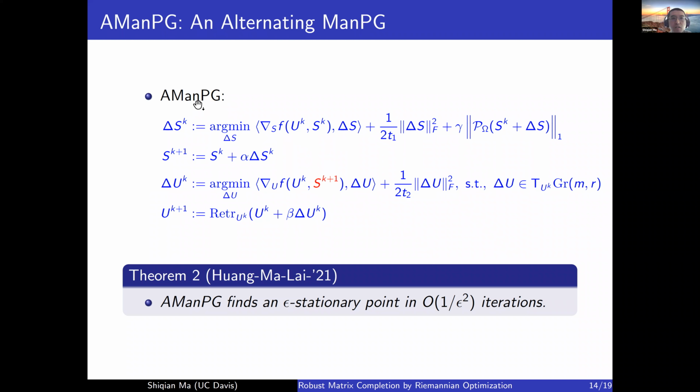We call this method AManPG, which stands for alternating ManPG algorithm. We found that in practice, this slight modification can greatly improve the numerical performance of the ManPG algorithm. And in a recent work, we also proved that this AManPG algorithm can also find an epsilon stationary point in this many iterations.